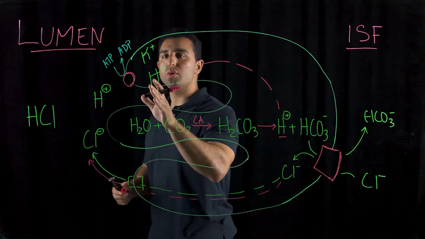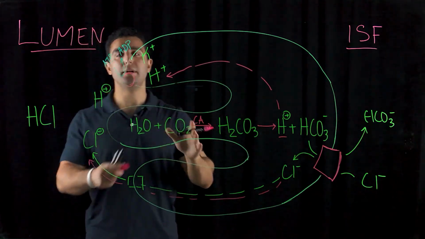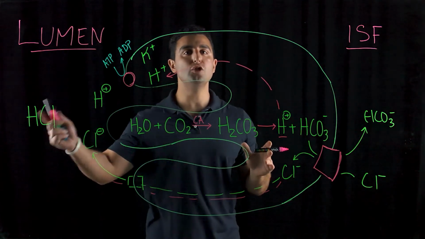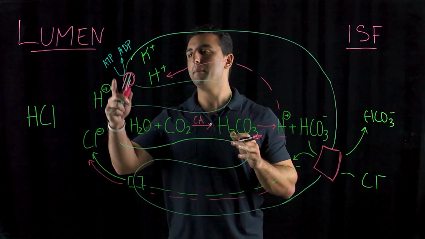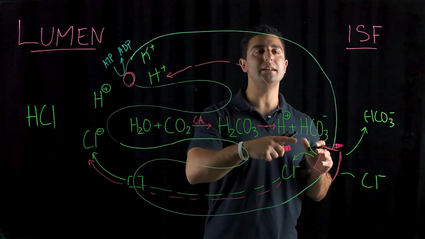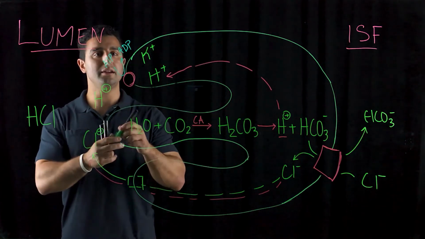So, in order to have this cell bring hydrogen into the lumen to create hydrochloric acid, a potassium must re-enter the parietal cell. So this exchange takes place here.